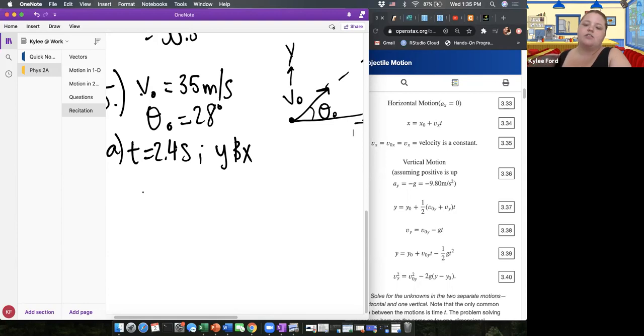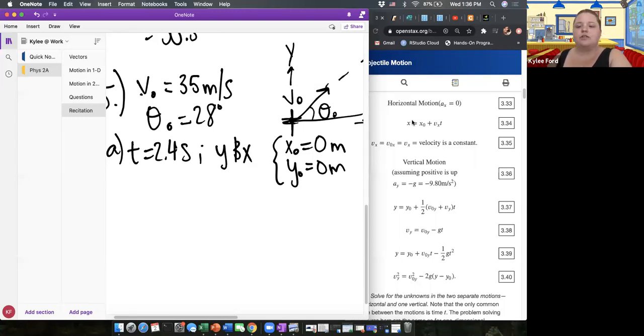So I'm going to start looking at my horizontal motion. I'm going to state that where my ball was initially hit is x naught equals 0 and y naught equals 0 meters. I'm claiming this because I don't have any height information, so this is my origin.